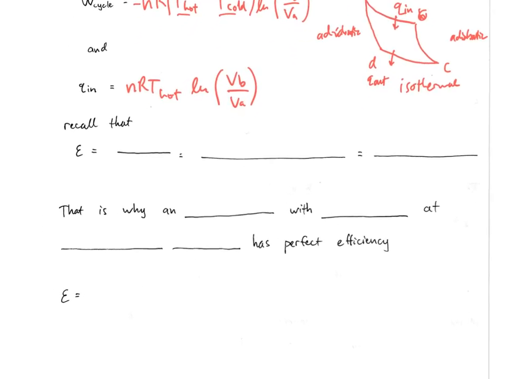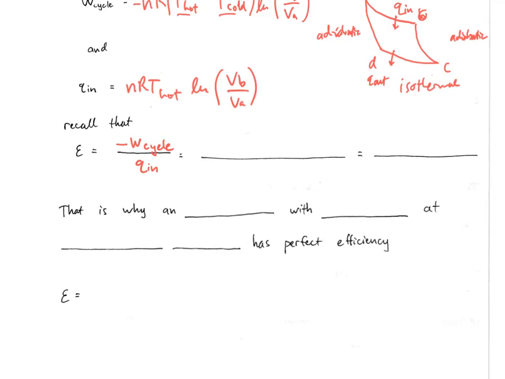All right, and we also mentioned when we first started talking about Carnot engines that they have a certain efficiency, and that is how much work we're able to get out of the system for the given amount of heat that we put in. Since it's the work going out, we've got to do negative W cycle. It's the amount of work that the system is expending divided by how much heat we put into the cycle.